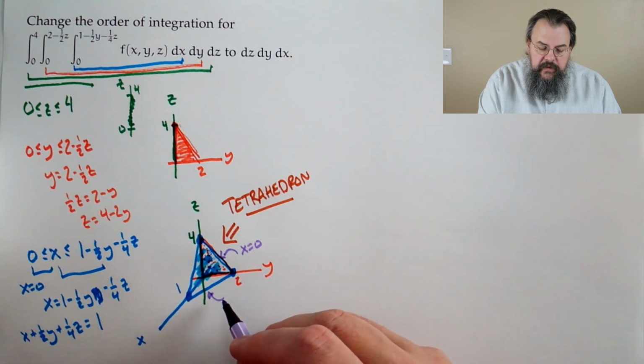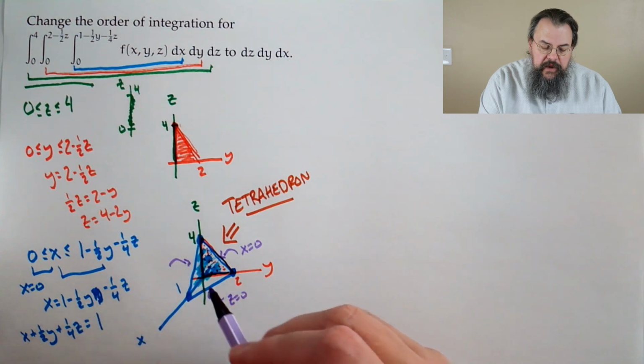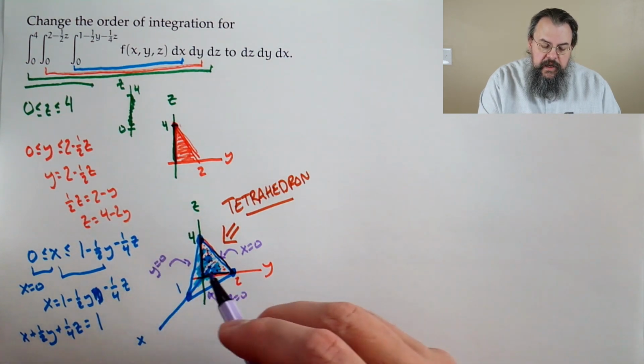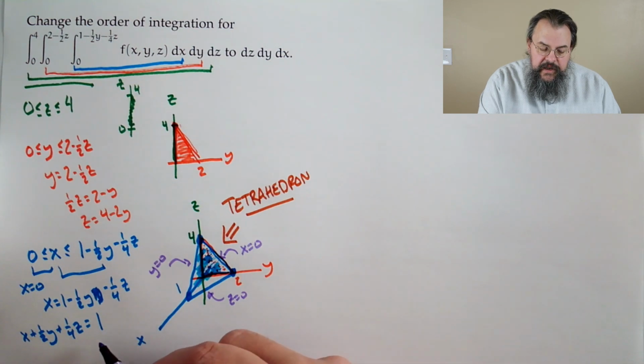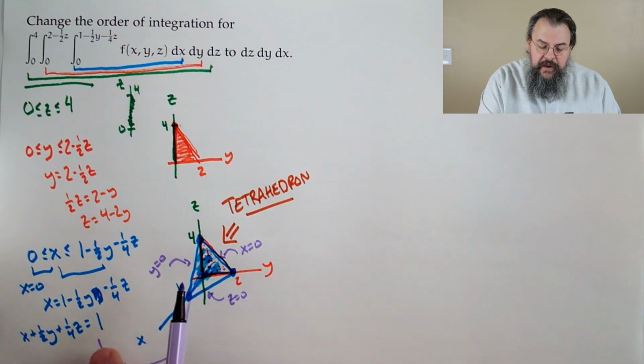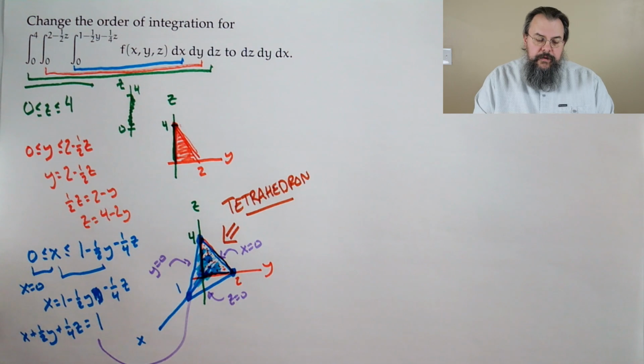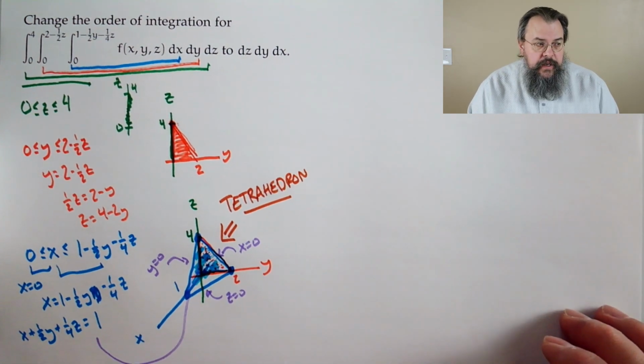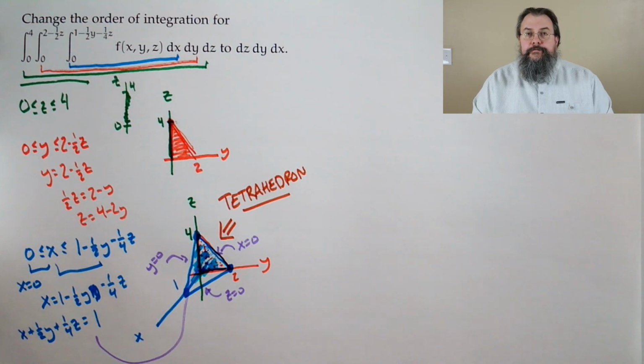This bottom face, that's the XY plane, z equals 0. This other back face, well, that's the xz plane, y equals 0. And then there's this plane there, which is the plane that we have right there. So x plus a half y plus a fourth z equals 1.